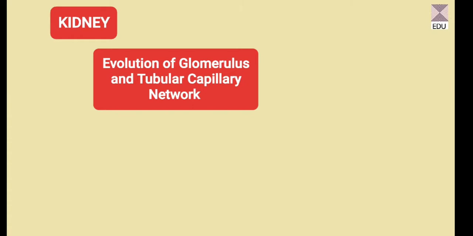I will try to give you a concept with some diagrams of how this glomerulus arises and what stages come in the evolution of the glomerulus. Students, now we are starting with the first part: the evolution of the glomerulus for the formation of the typical nephron in the kidney of vertebrates.